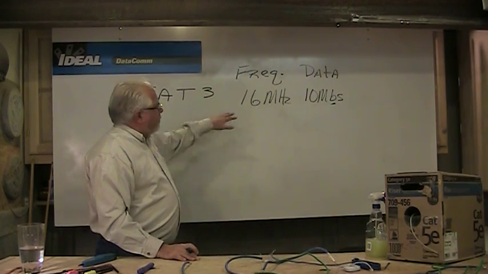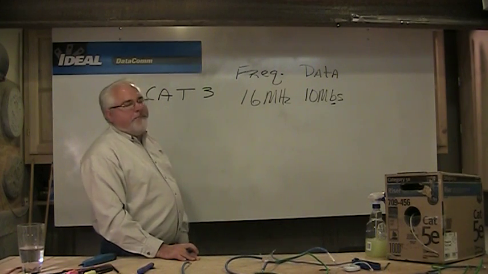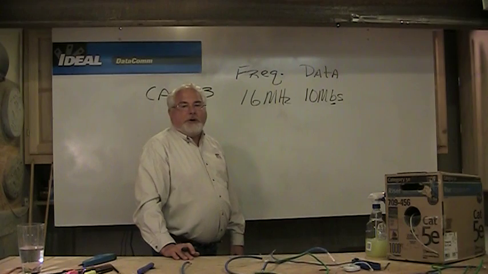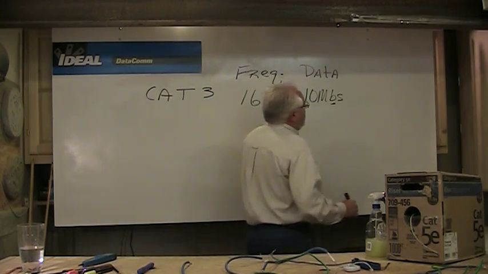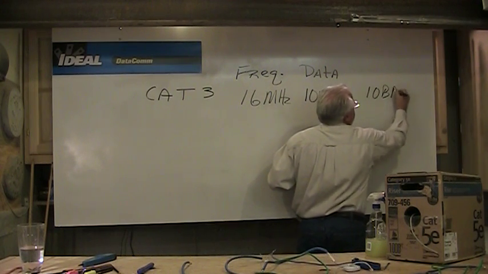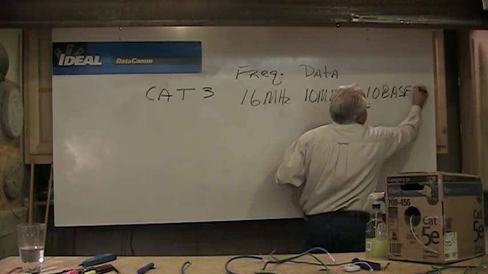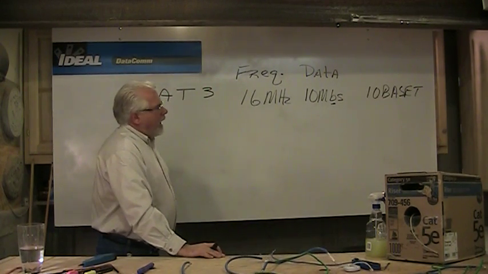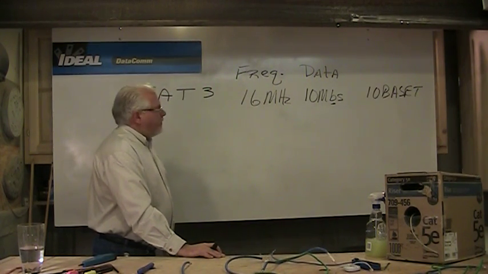Now, Category 3 wire, when it came out, was really meant to work with a data network system called Ethernet. And this was designed to support what we called 10 base T data networks, or Ethernet systems, which really became the hottest type of data system out there.